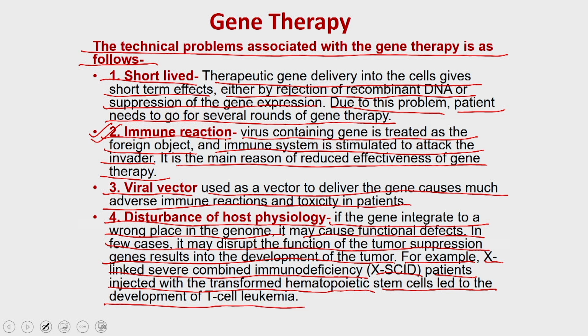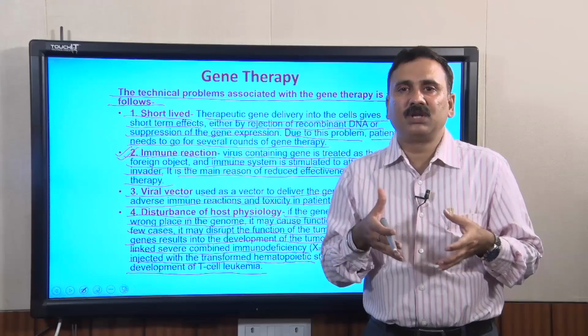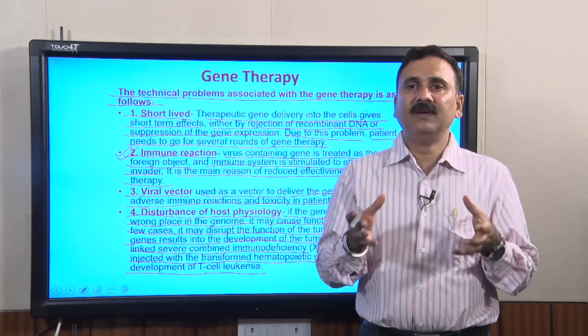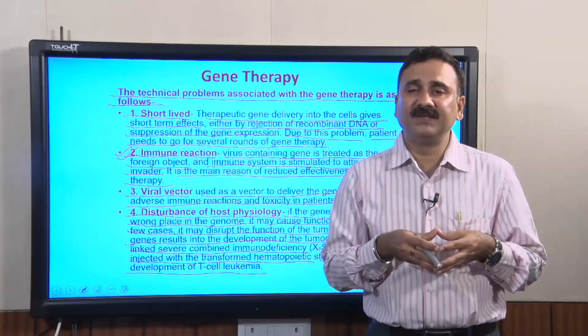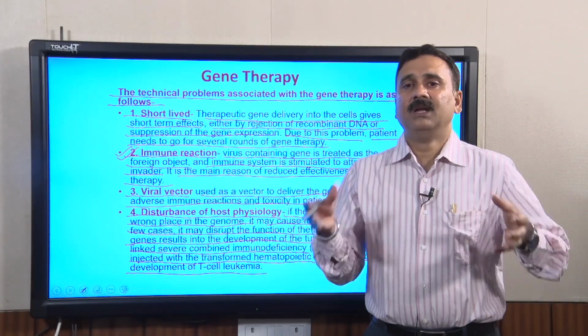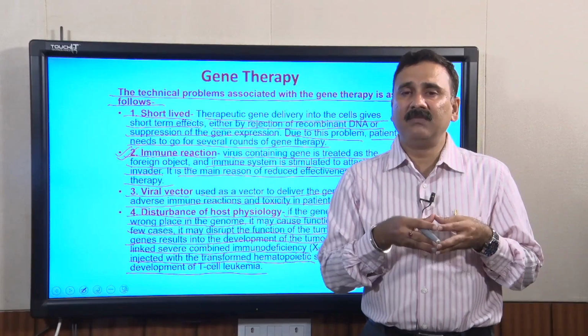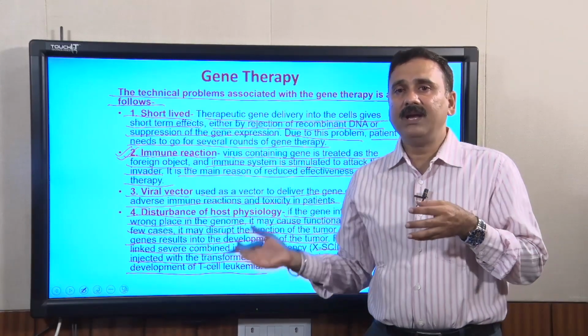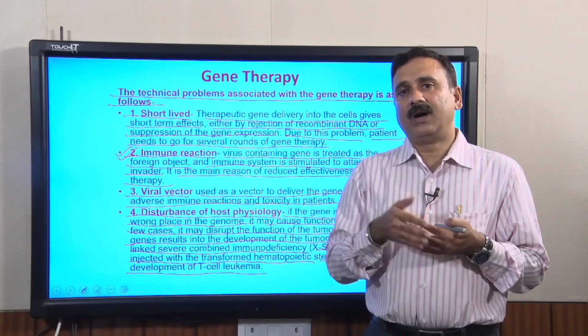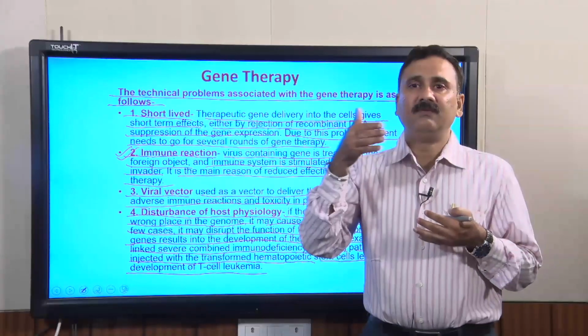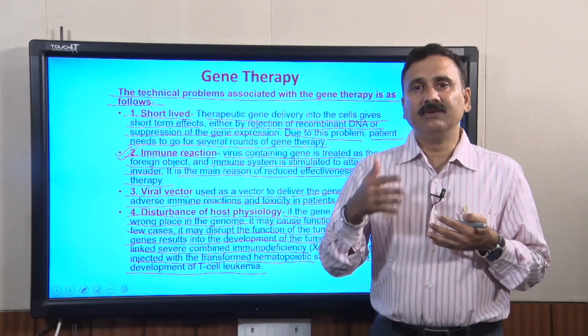So, there are two things that could happen. One is that you are putting an extra burden of viruses and recombinant DNA into the system, and you are also disturbing the metabolism by providing an exogenously supplied enzyme, so you are going to disturb the physiology of that particular individual.